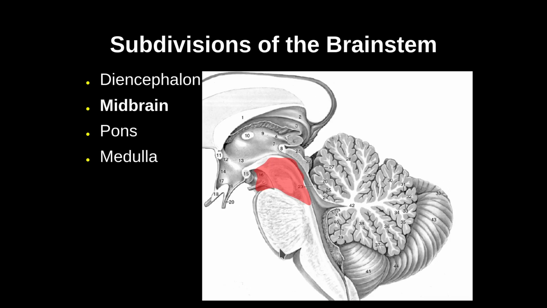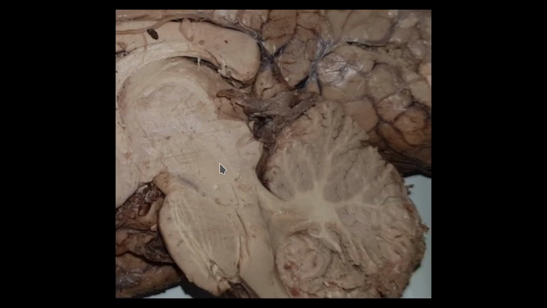So again, anatomically, we will differentiate. The diencephalon is not in the brainstem, but we do have a midbrain here colored in red. So over here, where is it? So we use our mental coloring book and crayons to highlight the midbrain.